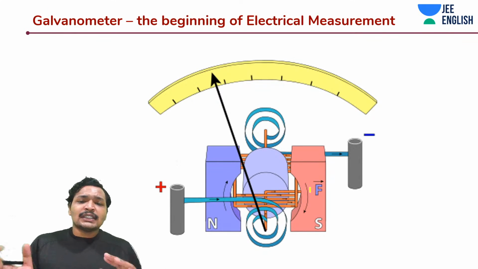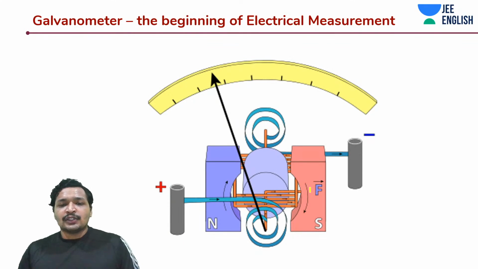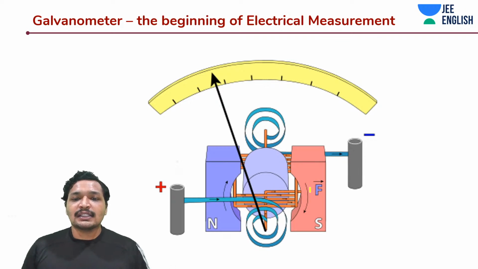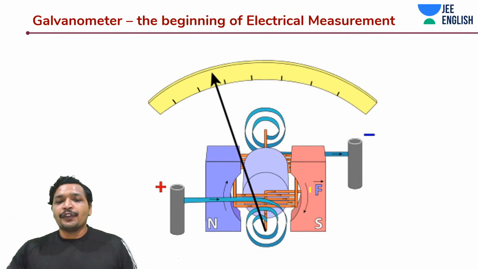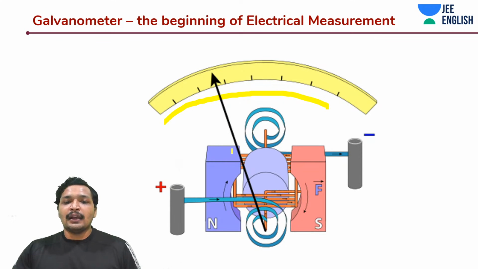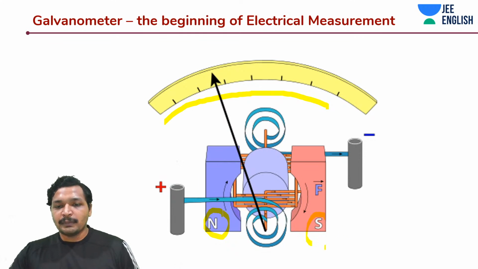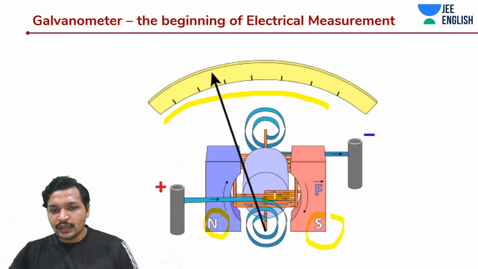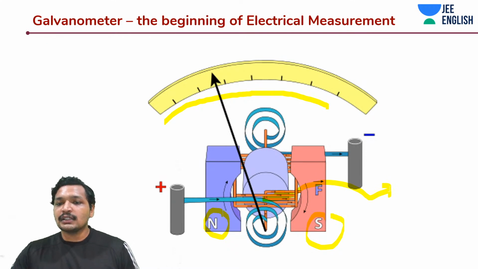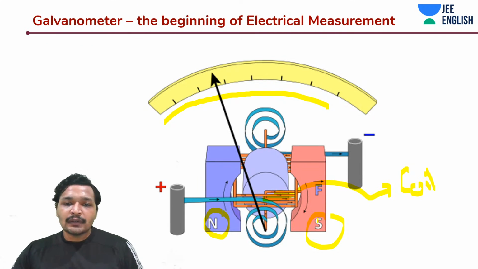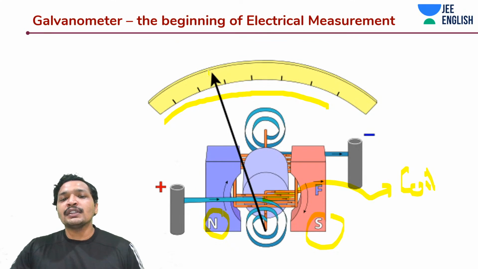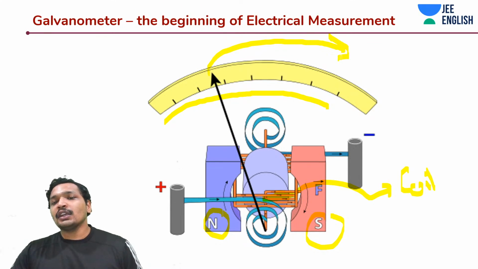This is a typical illustration to better understand what a galvanometer has. There is a scale that we have just seen, and a north pole and a south pole of the magnet. The current will be flowing inside this golden coil, and based on that, the pointer will be rotating along with the coil.